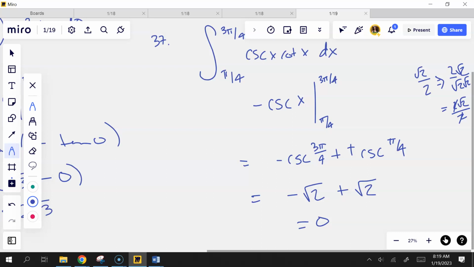Anything else? Everybody good? Well then, let's see. I want to show you a couple more things with this, and then we'll do trapezoid rule.